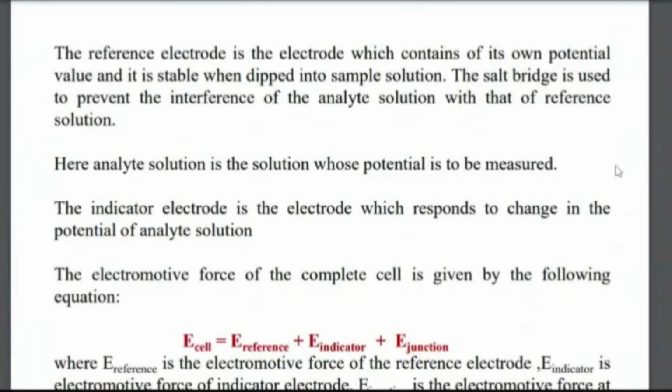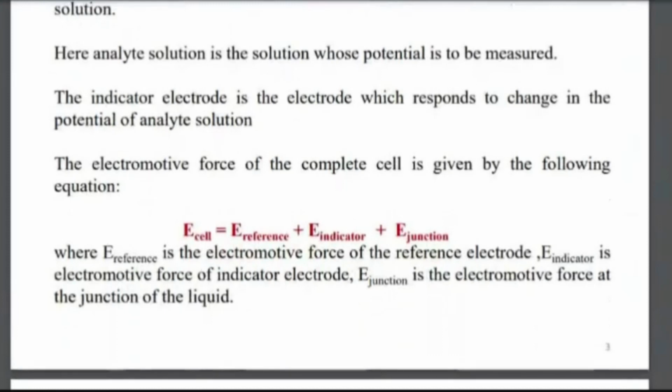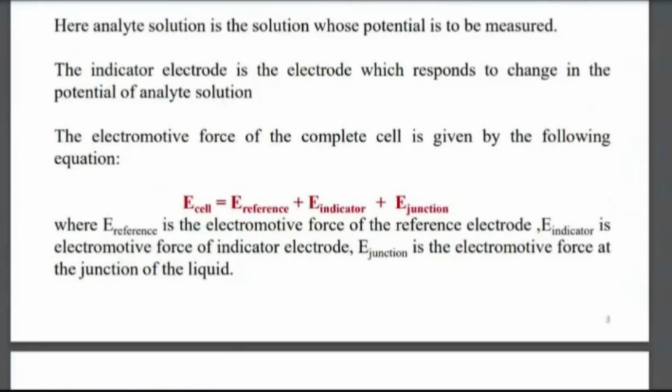Okay, it may be the titrant of any titration, or it may be your analyte whose concentration you want to measure. So any solution, analyte solution. Now, the indicator electrode is the electrode which responds to the change in the potential of the analyte solution. So in simple words, the electrode that is dipped in the analyte solution will be called the indicator electrode.